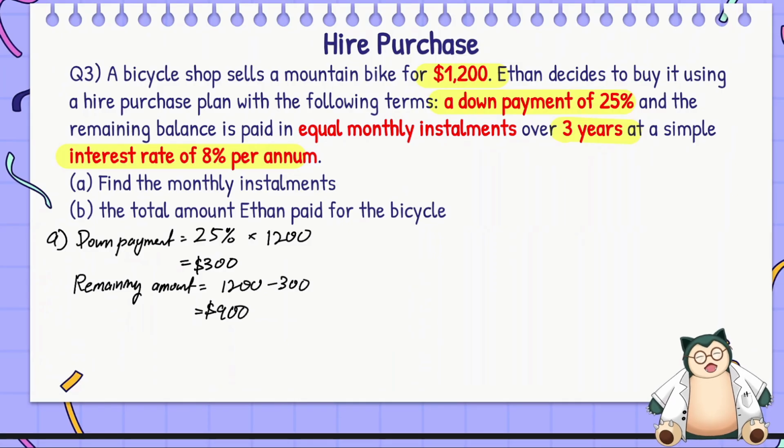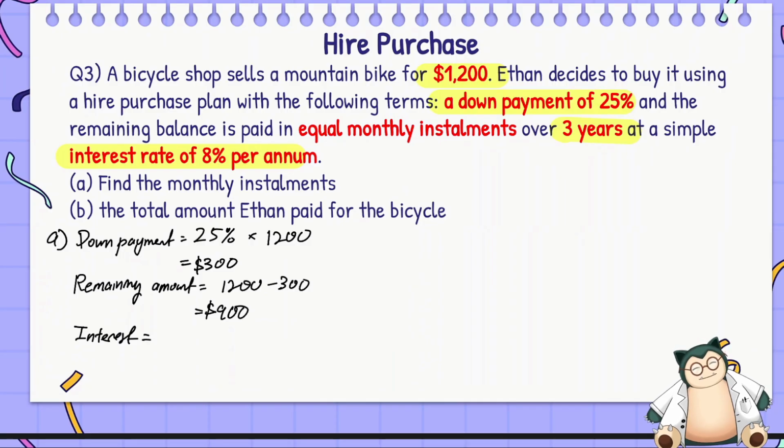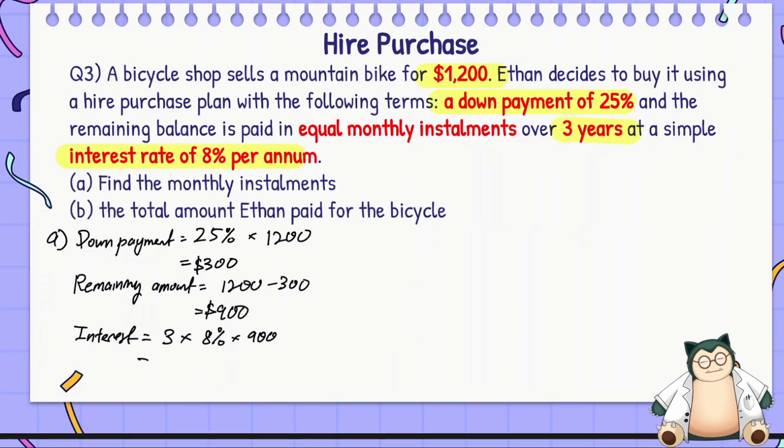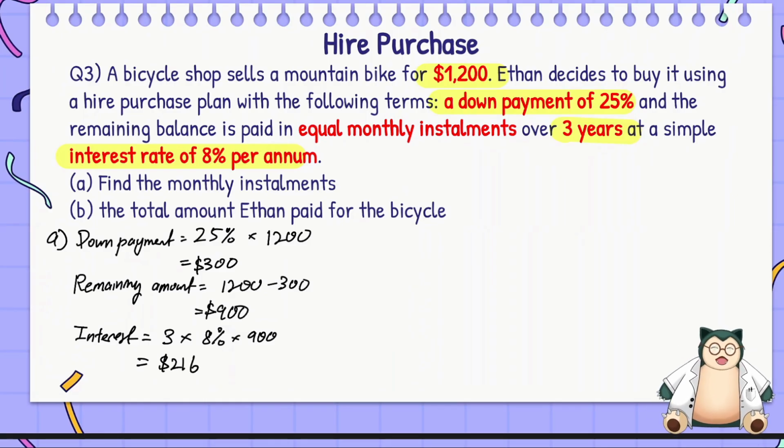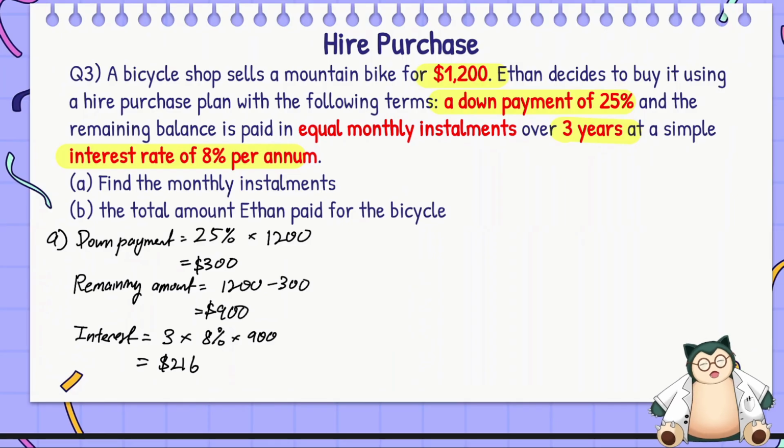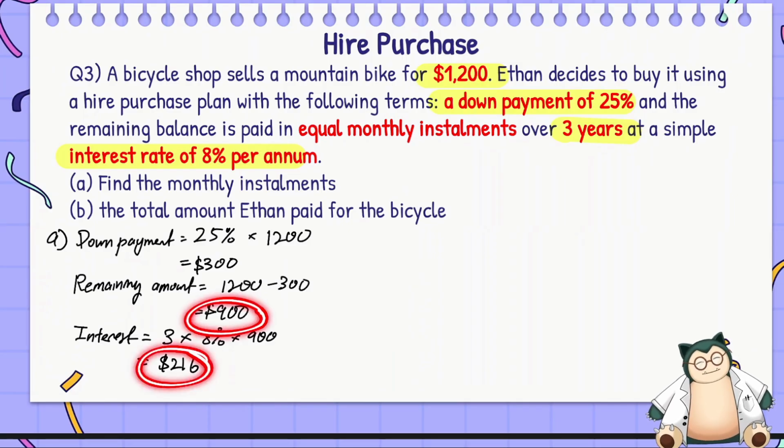Okay, and then the interest would be 3 years of 8% of the remaining amount, which is just 900, so 3 times 8% times 900 gives us $216. Okay, so this is the interest and this is the remaining amount.